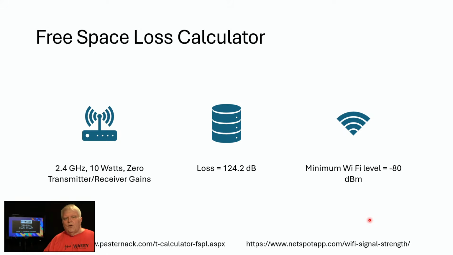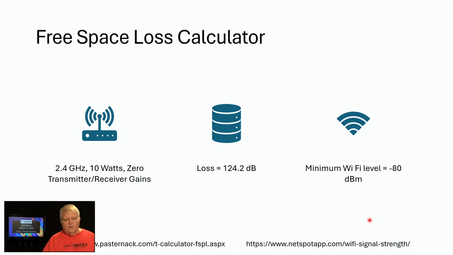So one way you can use free space loss calculators. They're available online. And so for our example here, we're going to look at a 2.4 gigahertz 10 watt transmitter with a path loss between point A and point B of 124.2 dB.